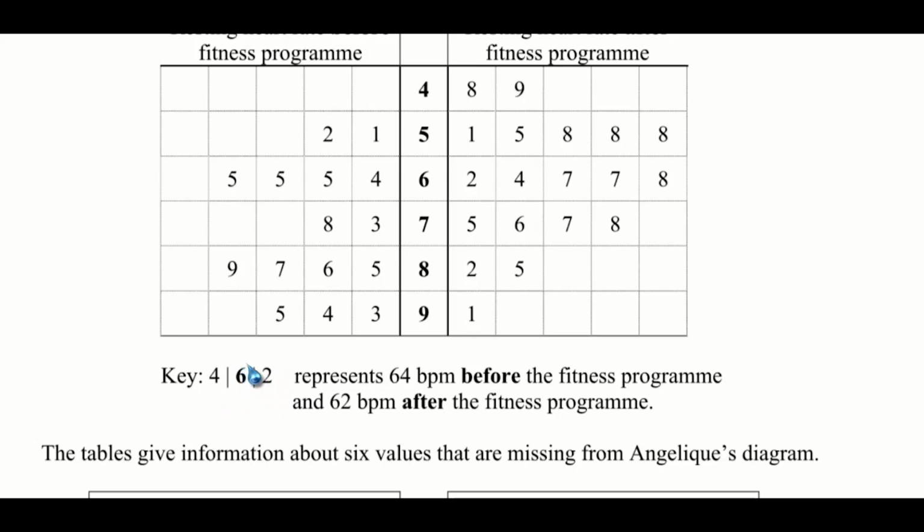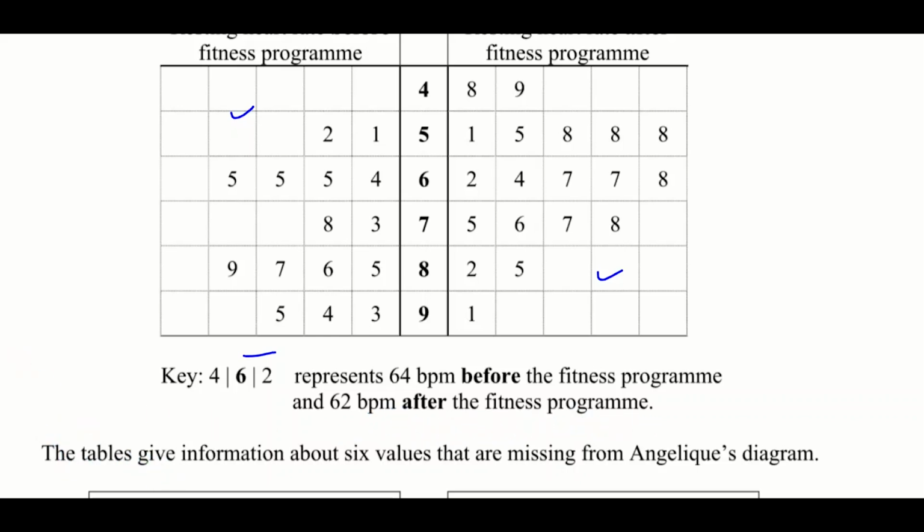So the key is 4, 6 | 2. If you are on this side, it will be 6 | 2, that is 62, and for this side it will be 6 | 4, that is 64. So it represents 64 BPM, beats per minute, before the fitness program, and 62 beats per minute after the fitness program.